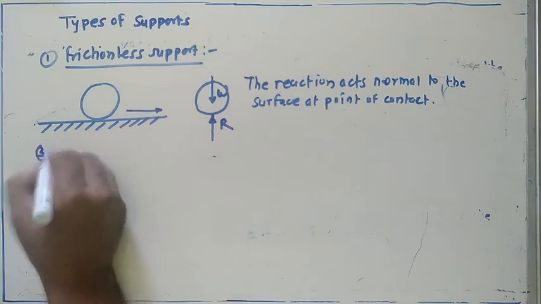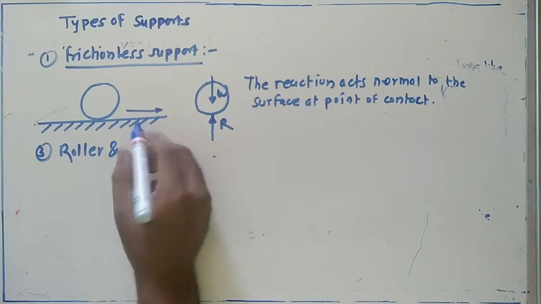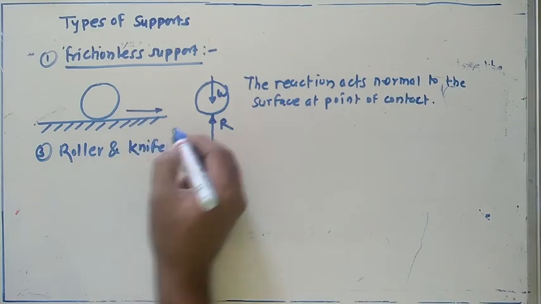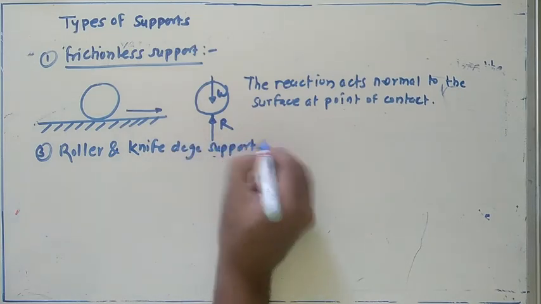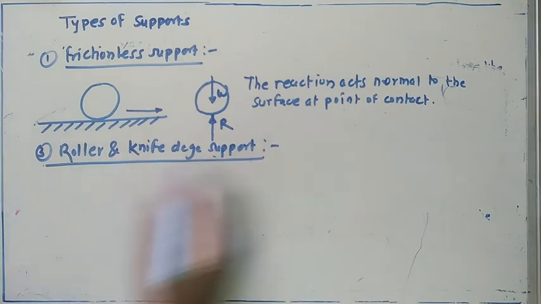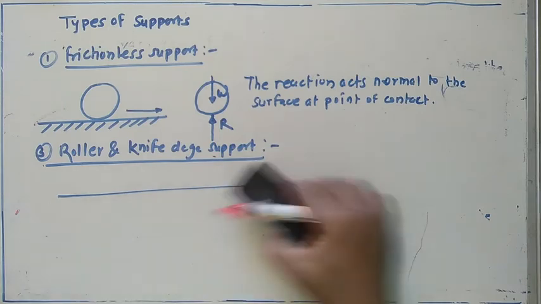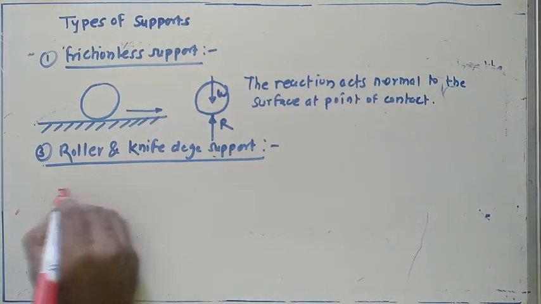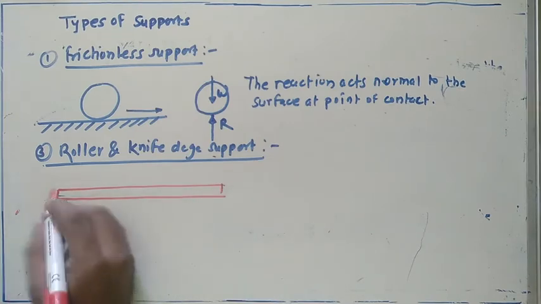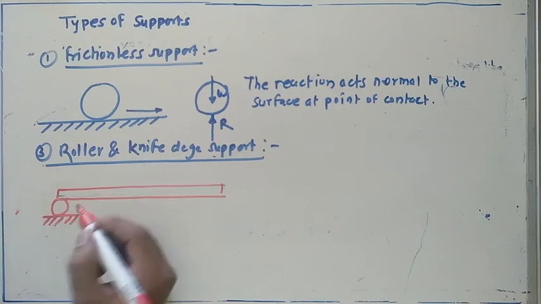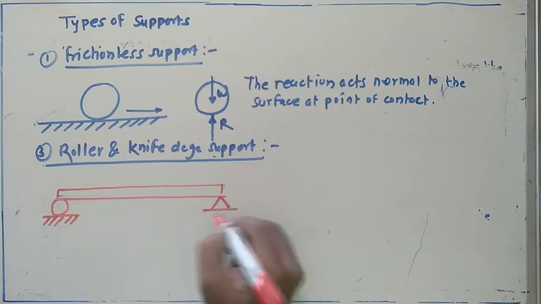So next one is nothing but the roller and knife support. For that, if I consider the beam, support is given at one end of this beam with the help of a roller in this way, and from the other end also we can show a roller.